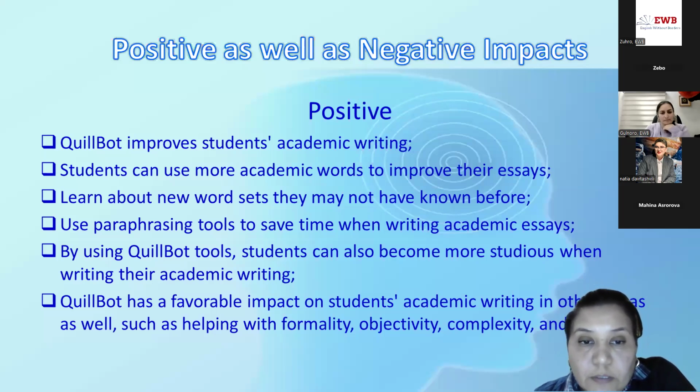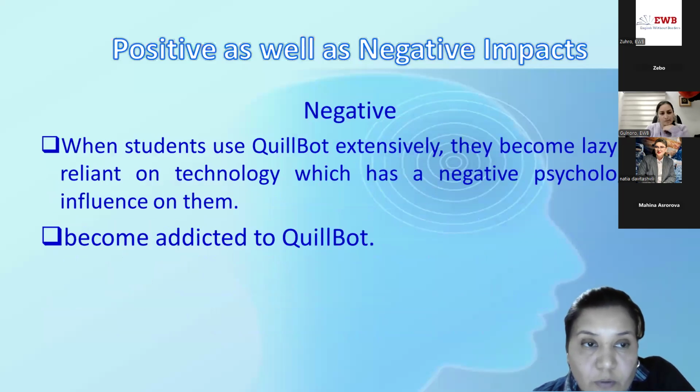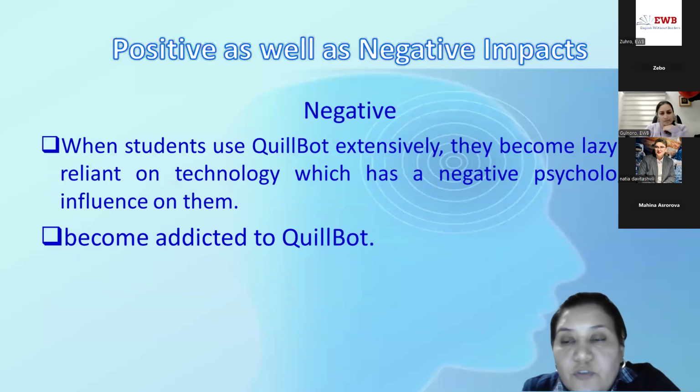Next, we can say students' academic writing can be in a formal form, objective, and students can also learn complexity with this writing. Also, we can mention the negative features.